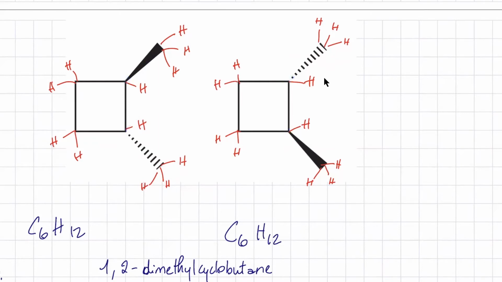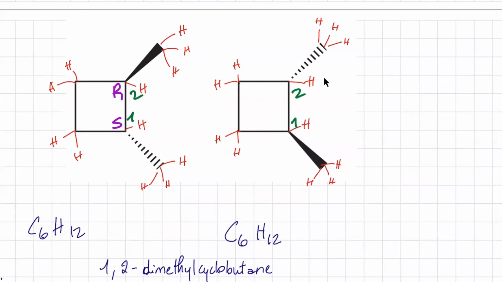For example, what I mean by that is that if here we have R, S, the other one is also R and S, assuming that we start numbering this way, 1 and 2, 1 and 2, both should have the same chiral centers, then they will be identical. But now, guys, if the chiral centers differ, we know that we'll be in the world of stereoisomers.